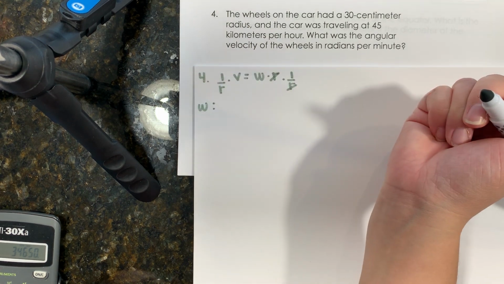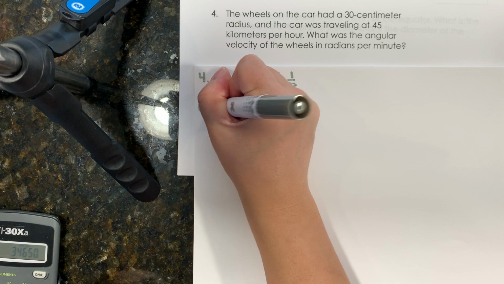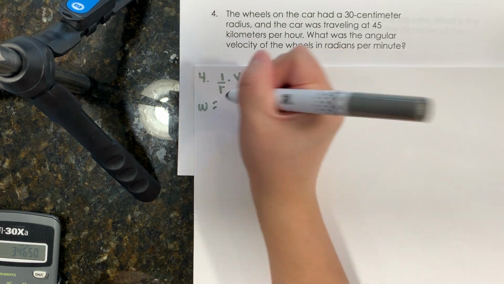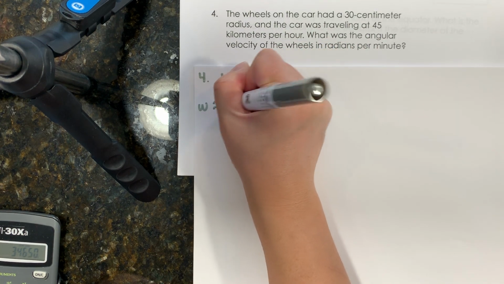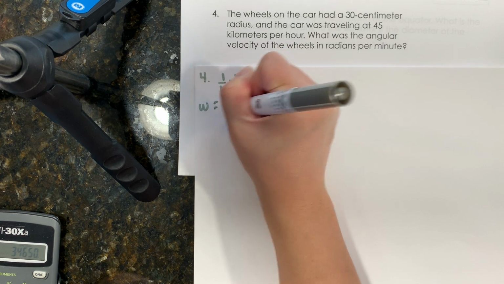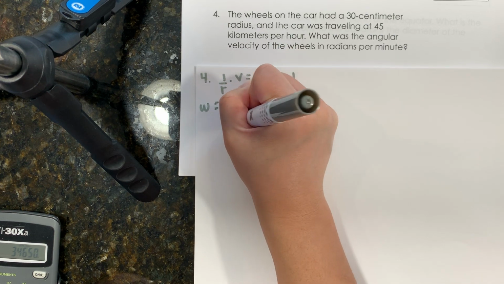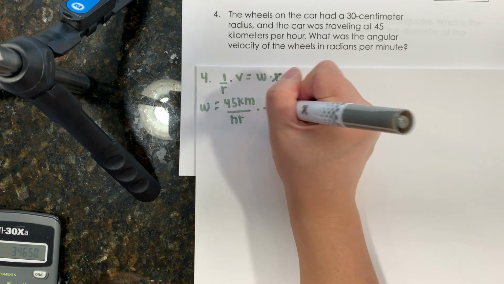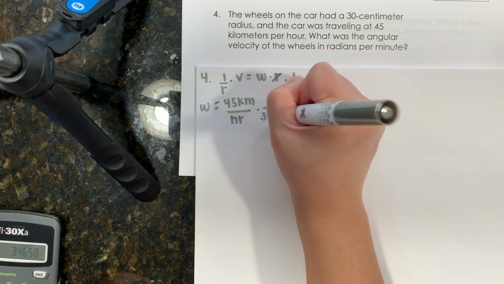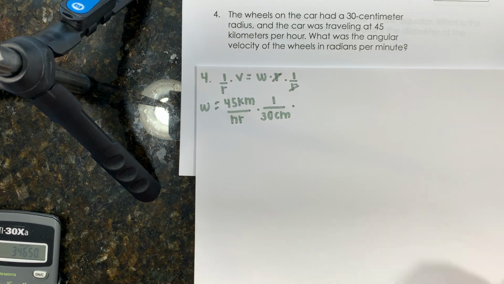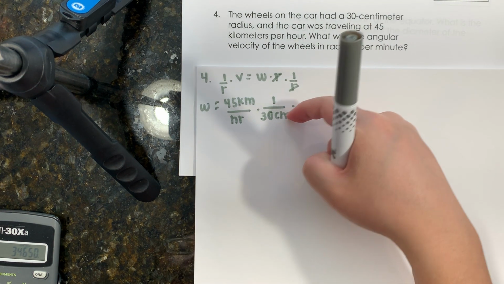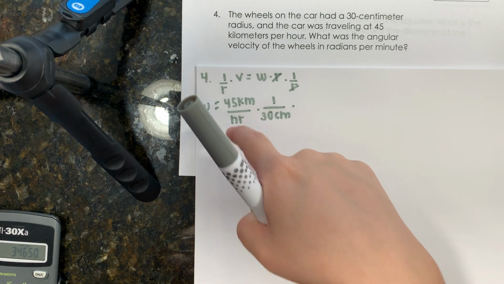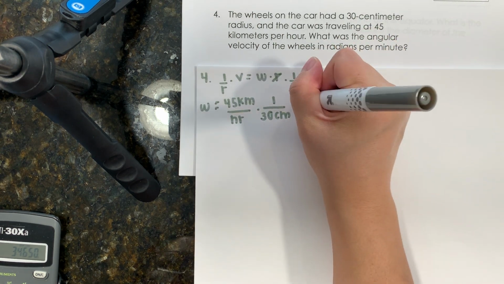So knowing that information, I know that my velocity that I'm given is 45 kilometers per hour. I also know that my radius is equal to 30 centimeters. Now I need to convert this to radians per minute. So that means I have to get rid of the centimeters and kilometers and get this from hours to minutes.